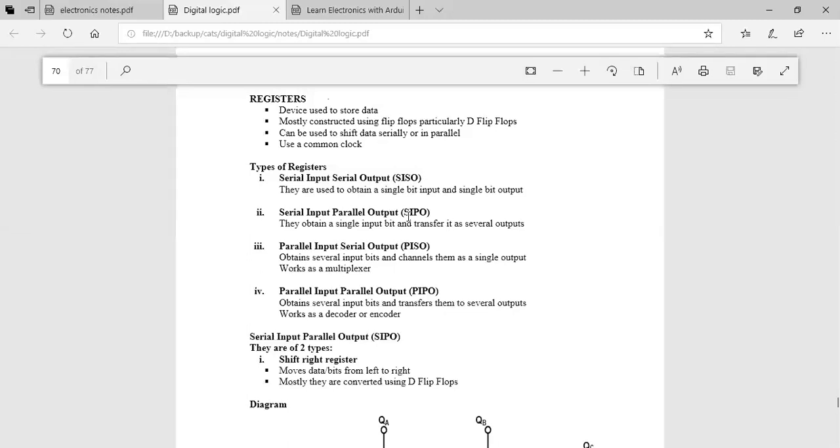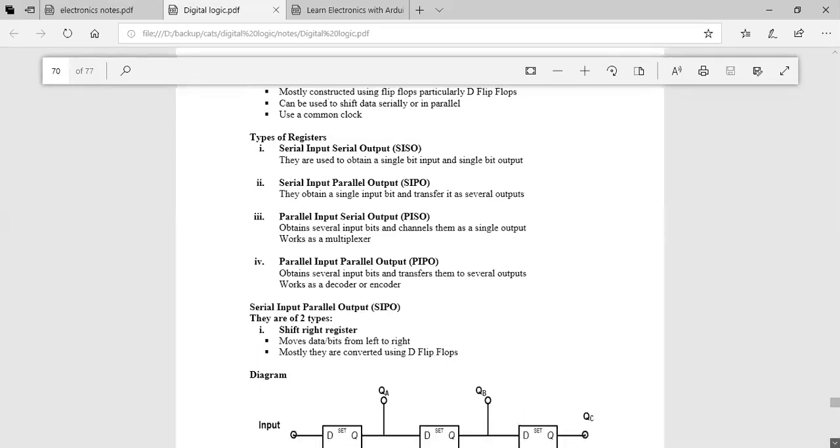One input, several outputs. That's correct. Parallel input, serial output: many inputs, one output. Then parallel input, parallel output means many inputs, many outputs.